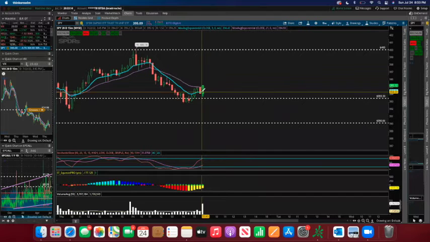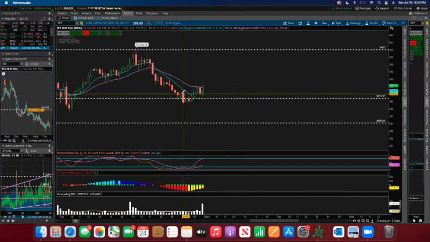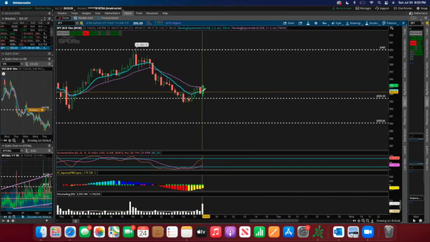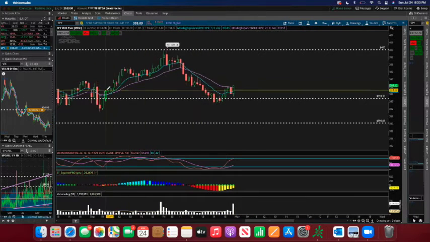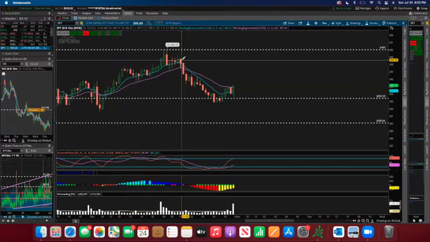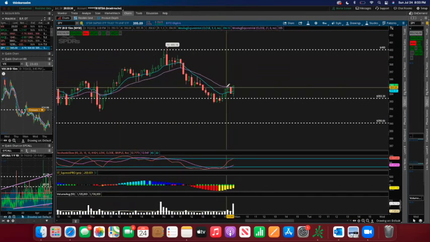Now this blue one is over the past 9 candles. So 1, 2, 3, 4, 5, 6, 7, 8, 9. So since this candle here, this is the average price. So that's the reason why I use these, because it'll give me analysis of what the overall trend of the stock is in whatever time frame I'm looking at.